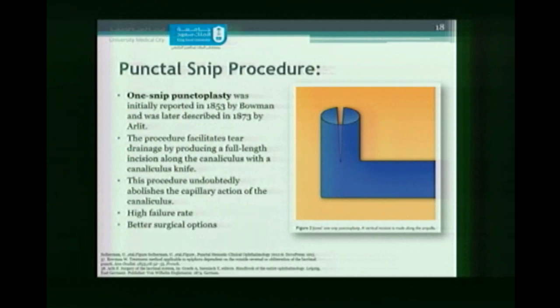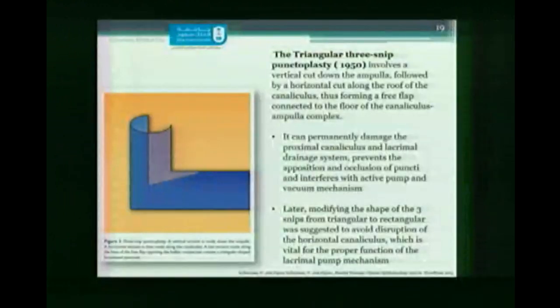The procedure definitely interferes with the capillary action of the canaliculi, and it had a high failure rate, and nobody nowadays uses 1 or 2 snip procedures, especially with the better surgical options available nowadays.